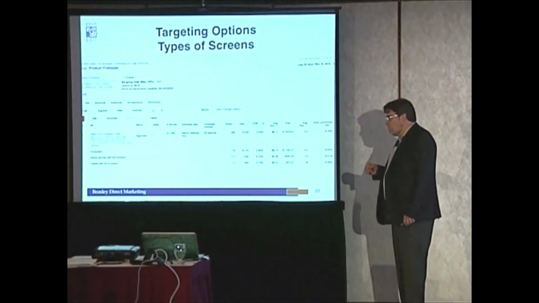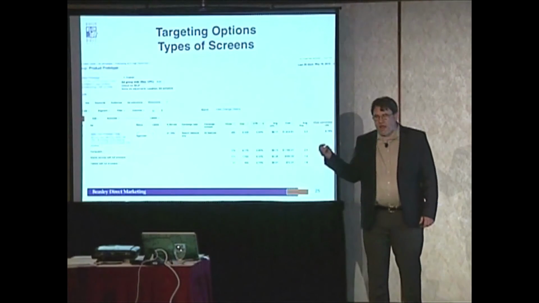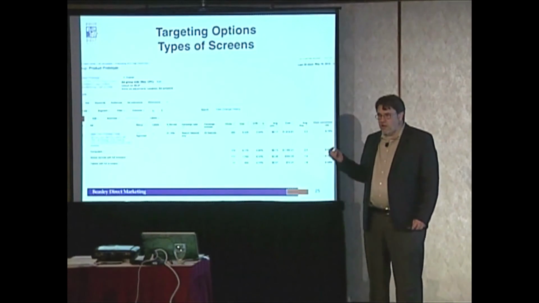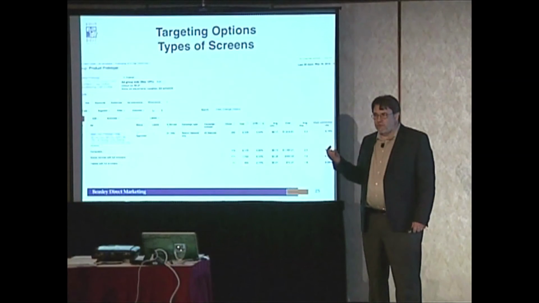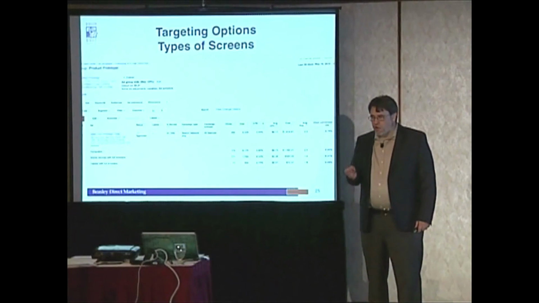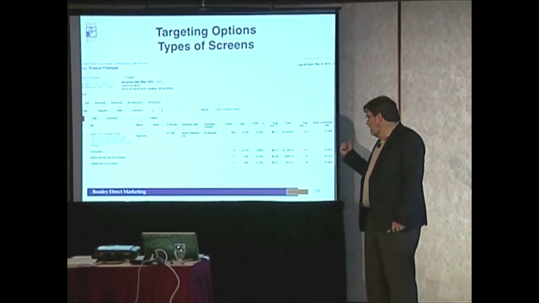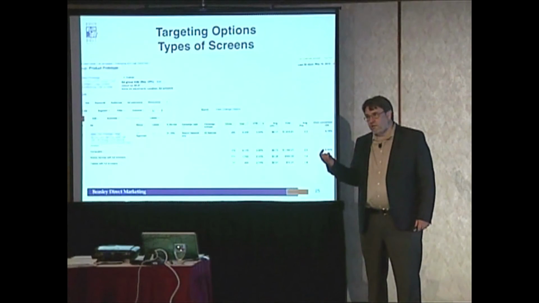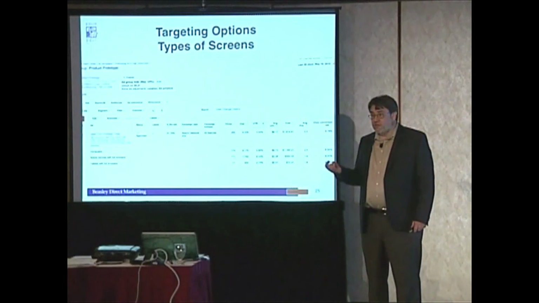What you can't see here is the average revenue per conversion was lower on this, but the ROI still remained good because we were getting a better conversion rate and it was costing us less on just a cost per click basis.